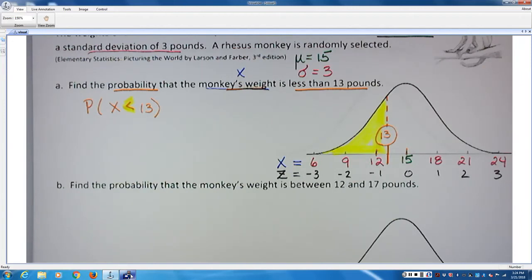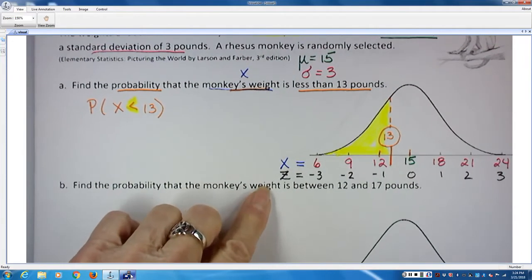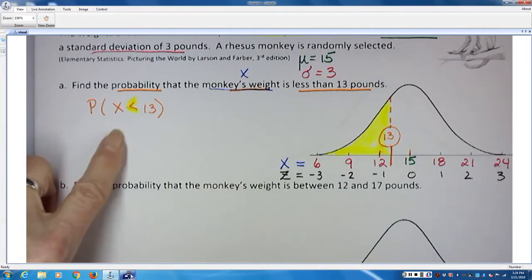Now the way this actually works is we could find the probability using the z-score. We would convert 13 to a z-score.